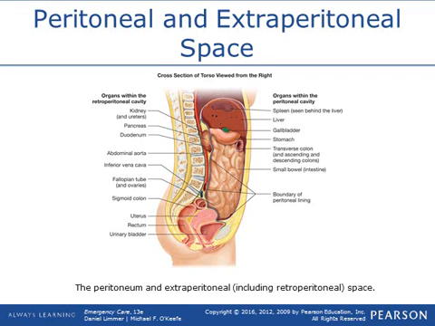Such organs include the pancreas, the duodenum, the aorta, inferior vena cava, the fallopian tubes, part of the colon, the uterus, rectum, and the bladder, whereas most of the big solid organs and hollow organs are within that peritoneum space: the spleen, the liver, gallbladder, stomach, the intestines, bowels, all the other stuff right in that peritoneum sac.